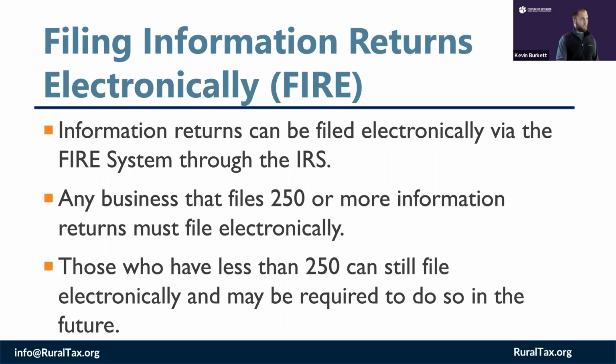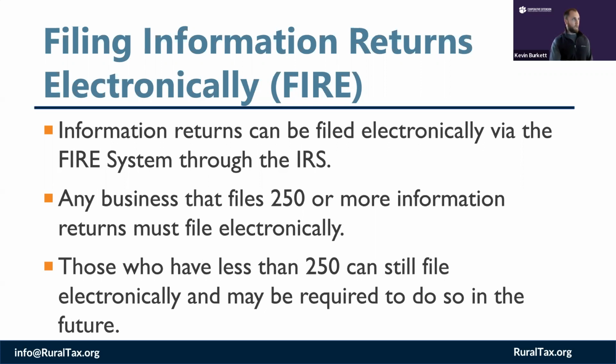And this is something you'll see through the IRS website. It's what they call FIRE, the Filing Information Returns Electronically. And so if you are required to file 250 or more of these 1099s, then you are required to file those electronically.